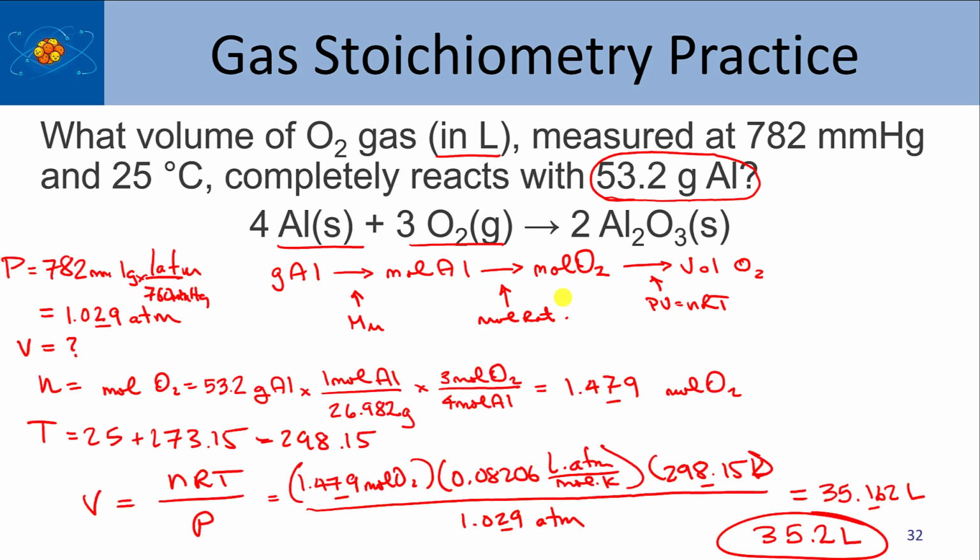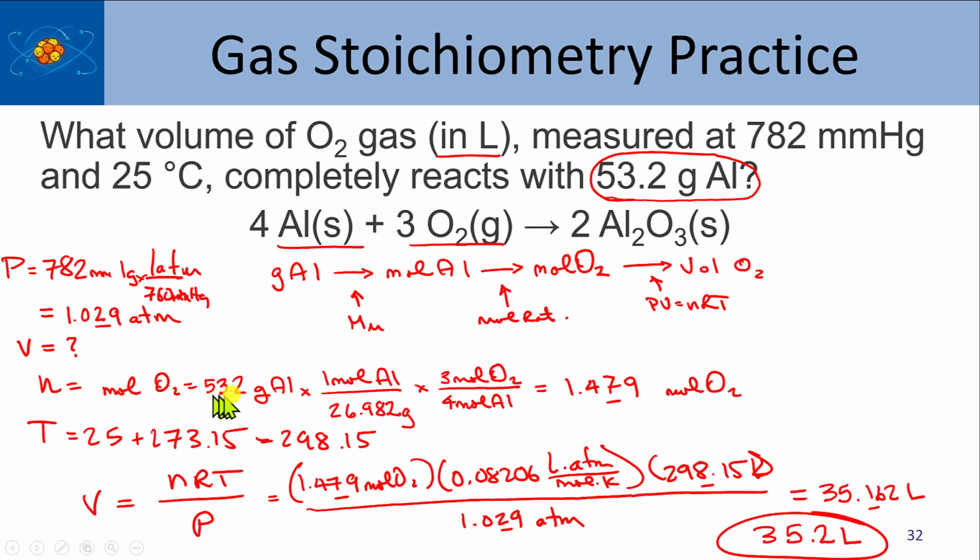Okay, so here's the solution to the problem. First thing I did was actually pressure. I converted that over to atmospheres. The volume's what I'm looking for. Moles, which will be the moles of oxygen, is what I need.